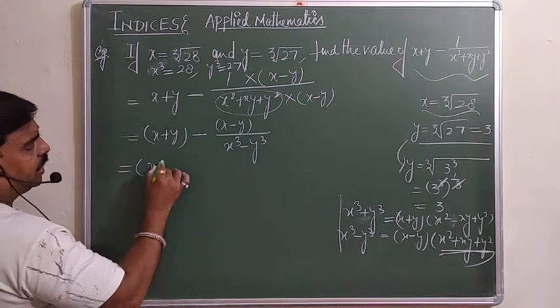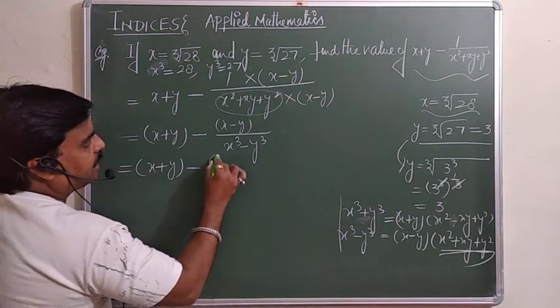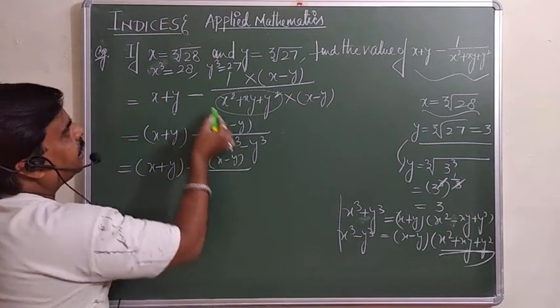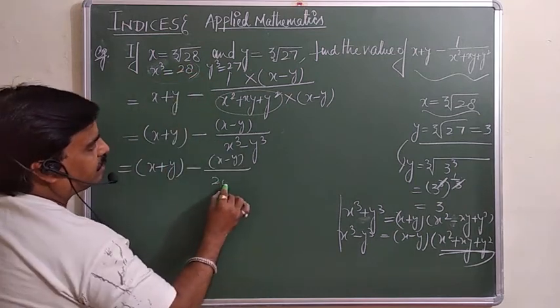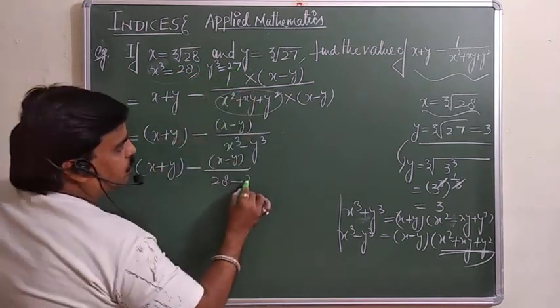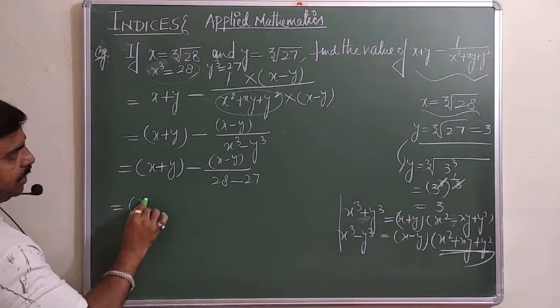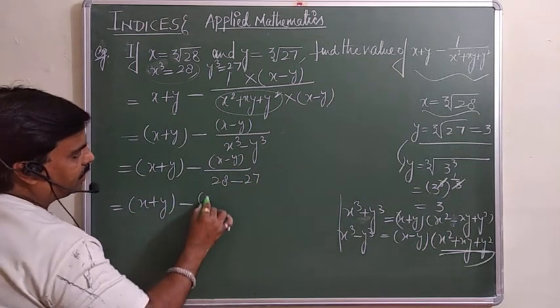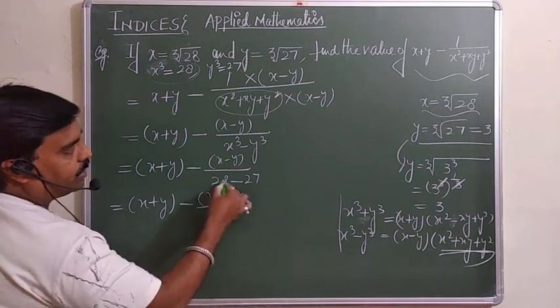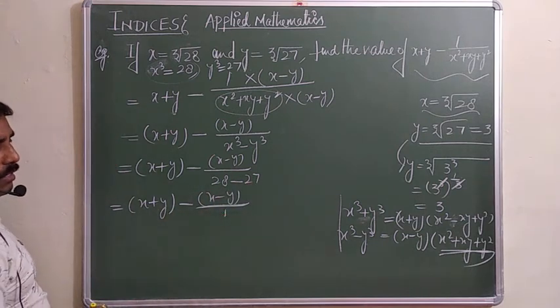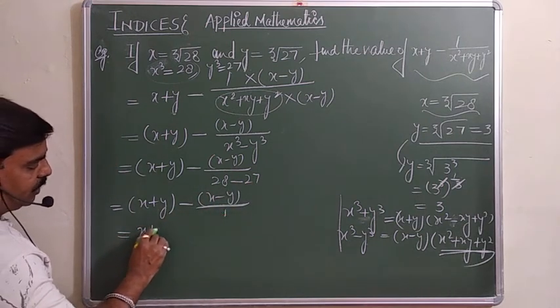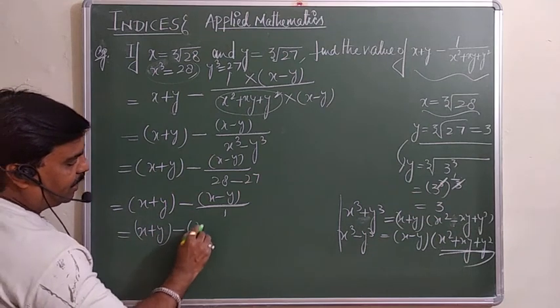What will this be? (x plus y minus 1)(x minus y) over, and x cube is 28 minus y cube is 27. So this is (x plus y minus (x minus y)) over 28 minus 27, which means 1. So you are getting x plus y minus in bracket x minus y.